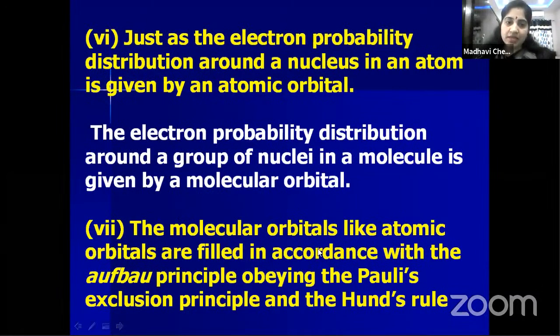The molecular orbitals, like atomic orbitals, are filled in accordance with the Aufbau principle, obeying the Pauli's exclusion principle and Hund's rule. We know how we have written electronic configuration. The electrons are filled in atomic orbitals depending upon three principles: Aufbau principle, Pauli's exclusion principle, and Hund's rule.